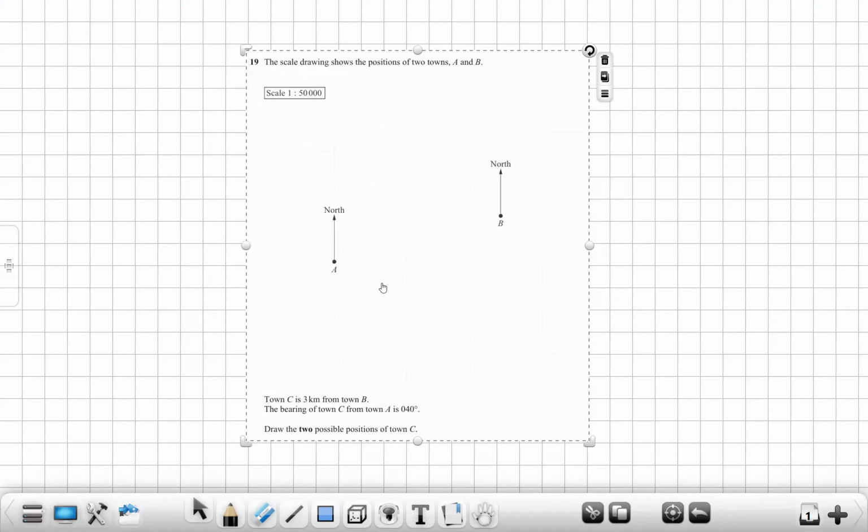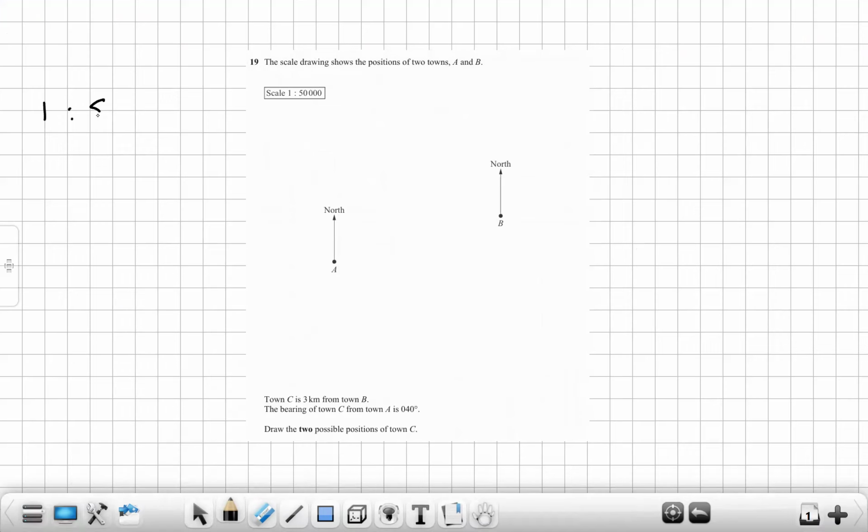Here you go. So here they're telling you that the scale is 1 to 50,000. And we agreed before when we took this lesson that 1 to 50,000 simply means 1 centimeter to 50,000 centimeters. Okay, mister, but they want it in kilometers. So I need to divide first by 100 to turn it into meters.